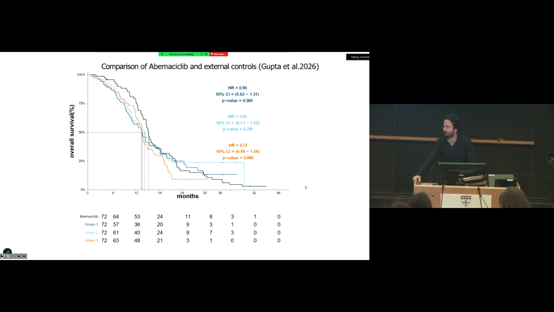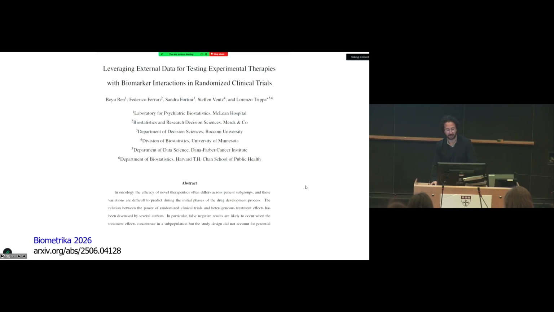And the main result is that we would have obtained the same, nearly identical inference on the treatment effect of these 3 drugs, which unfortunately all of them failed to demonstrate better efficacy compared to the current standard of care. And I complete the presentation just mentioning a few other tasks that we considered.